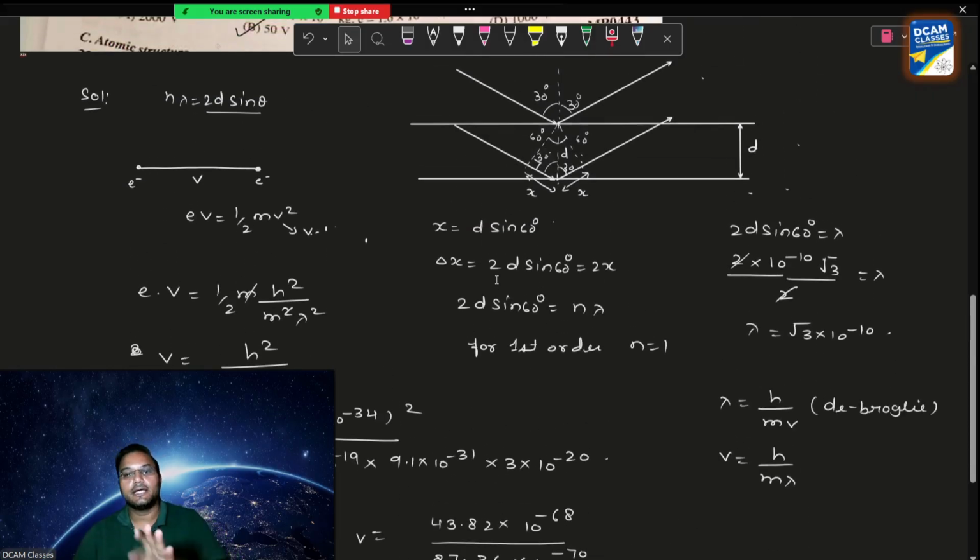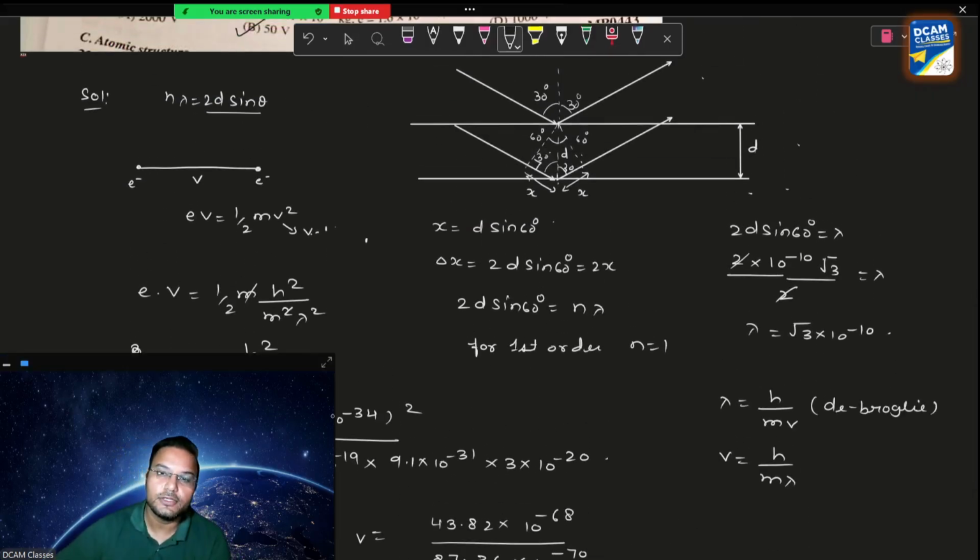The catch here is, earlier what I was trying to do, I was about to apply half mv square is equal to h into nu, hc by lambda. That's wrong, because we do not know now, it's not a photon, it's a particle, and we do not know how much work function of the material is there after striking, it's not given.